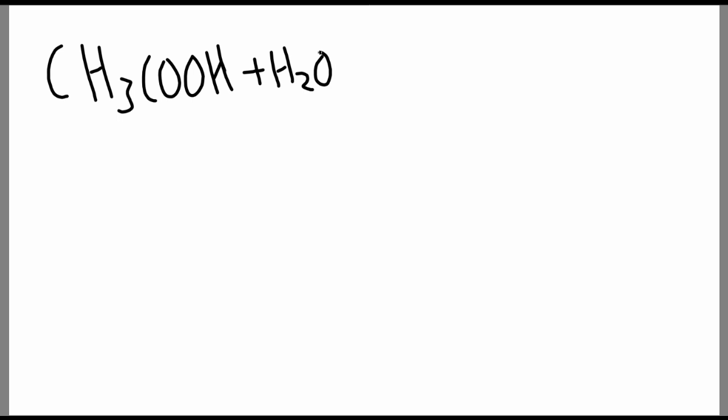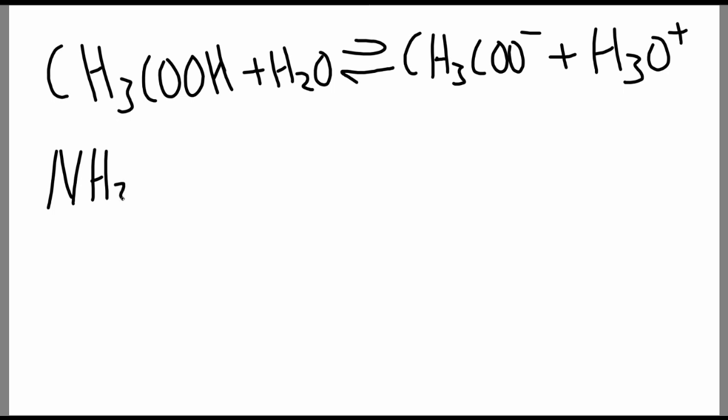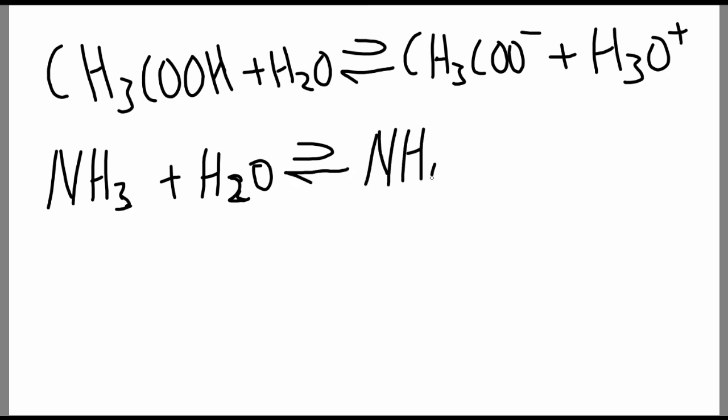So here we have acetic acid and water in the system, and what happens is the acetic acid molecule CH3COOH will lose one hydrogen to form a hydronium ion with the water molecule. So now we have our equilibrium established.